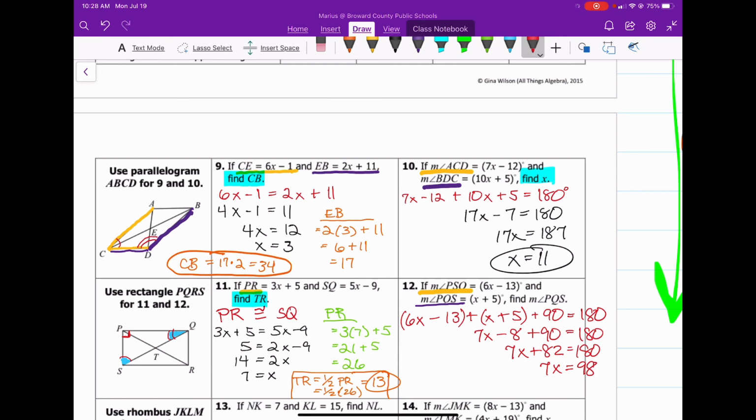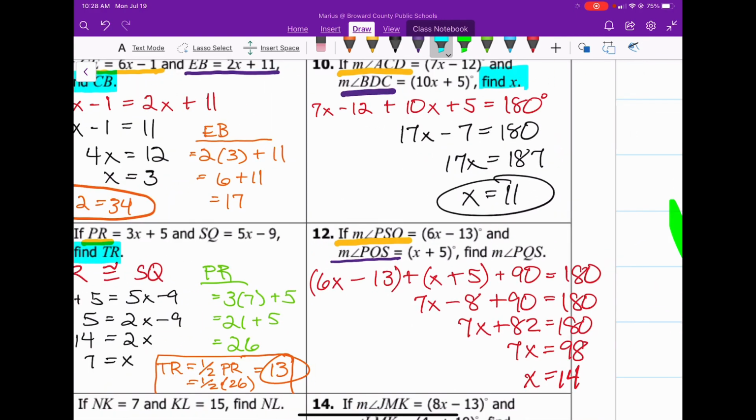And after that, we're going to have to divide both sides by 7, x is going to equal 14. Now, we're not done, because if we zoom in, they want us to find the measure of PQS, right?